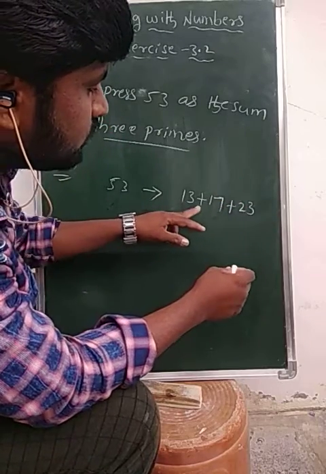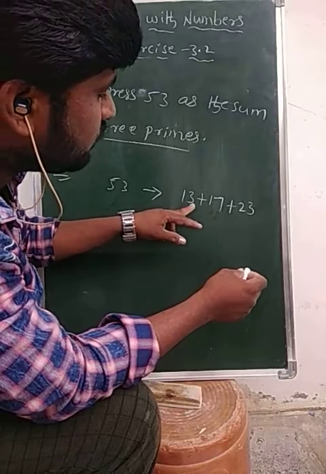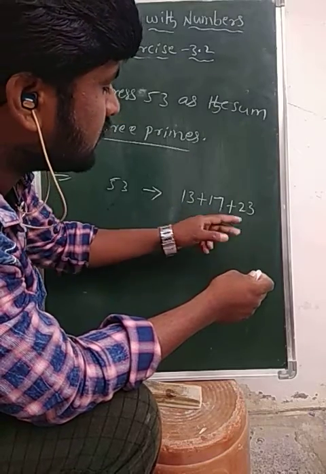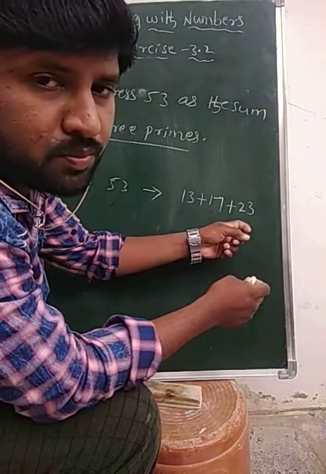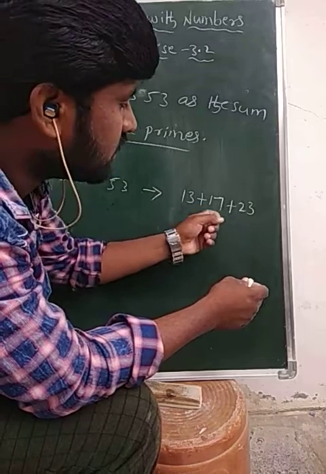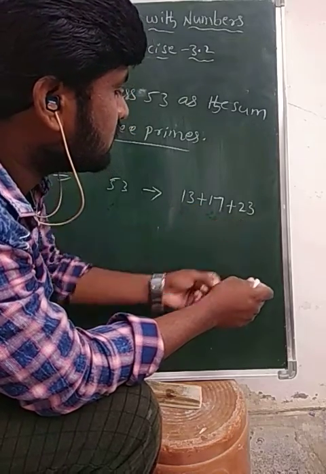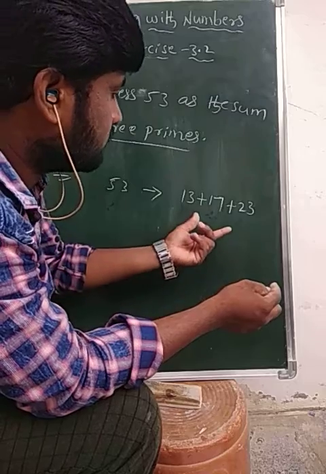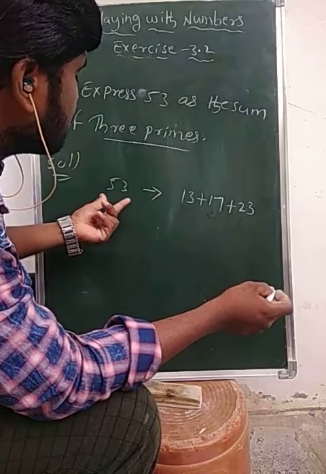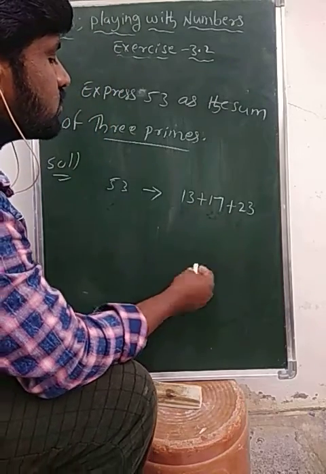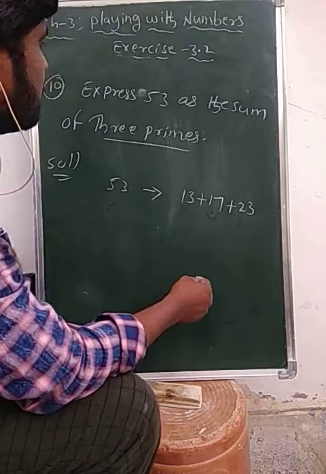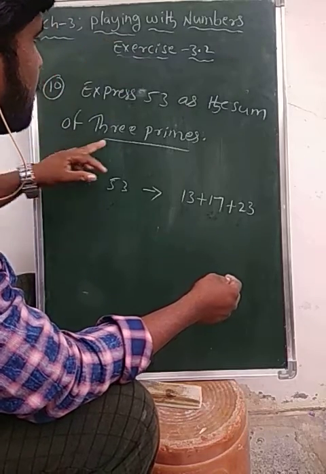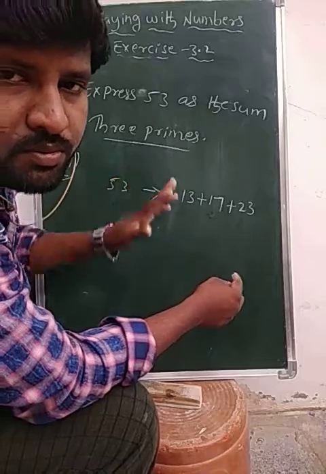So 13 plus 17 plus 23. Clearly these 3 are prime numbers. Yes or no? Their sum is equal to 53. So like this we can express 53 as the sum of 3 primes.